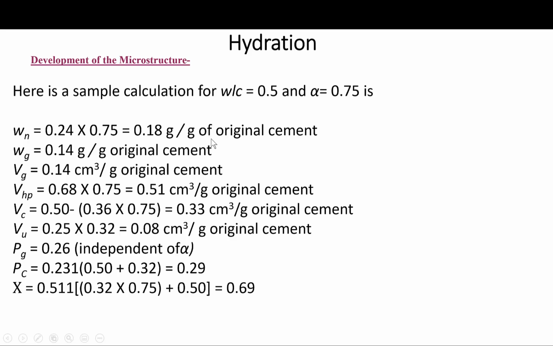If you check these out and go back and apply the equations one by one to figure these parameters out. Basically, this is what I wanted to introduce, this set of equations, to give you a sense of how we calculate the hydration products, knowing the water cement ratio and the degree of hydration.